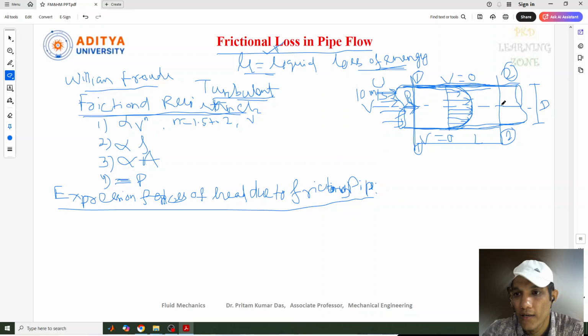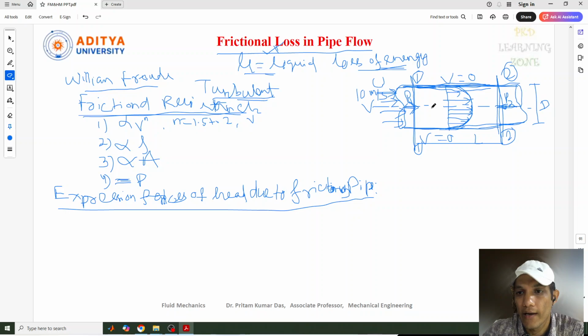Similarly at section 2, we again have a pressure intensity, which is opposite to the fluid flow. That is pressure P2 at section 2.